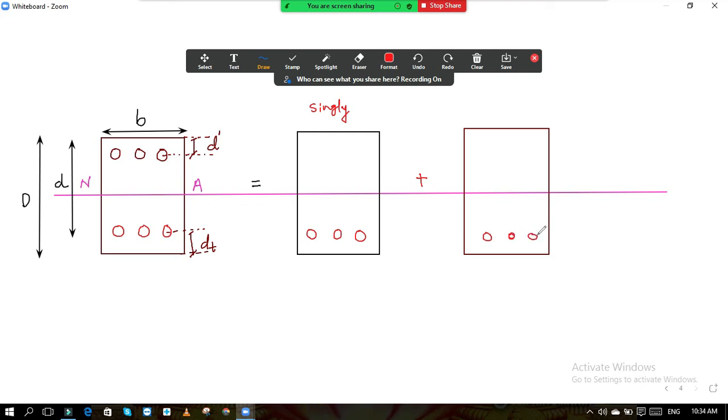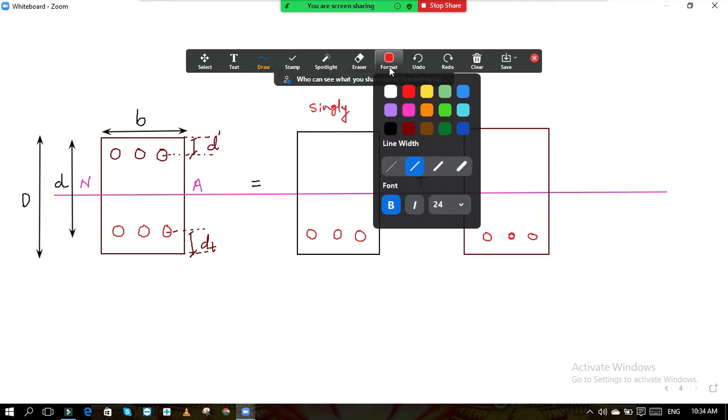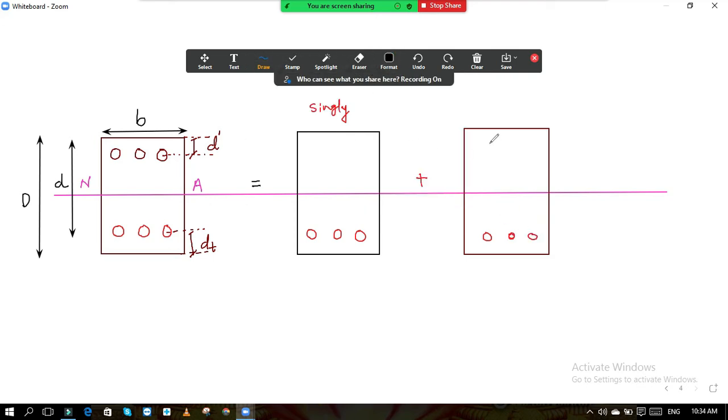This is the additional section, and then at compression also we will provide some bars, one or two bars.